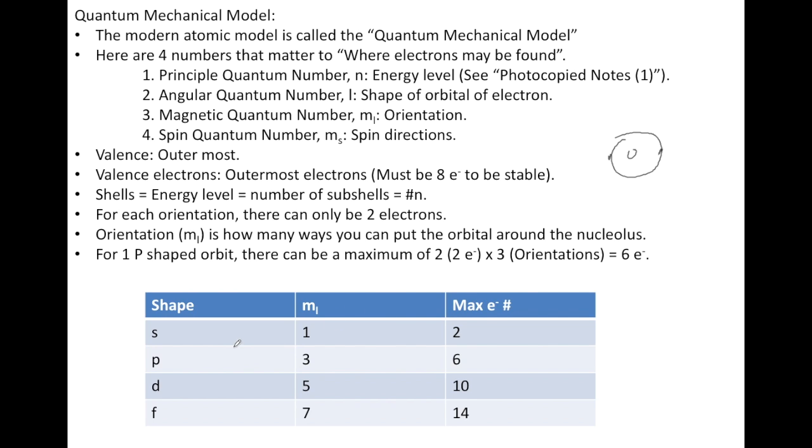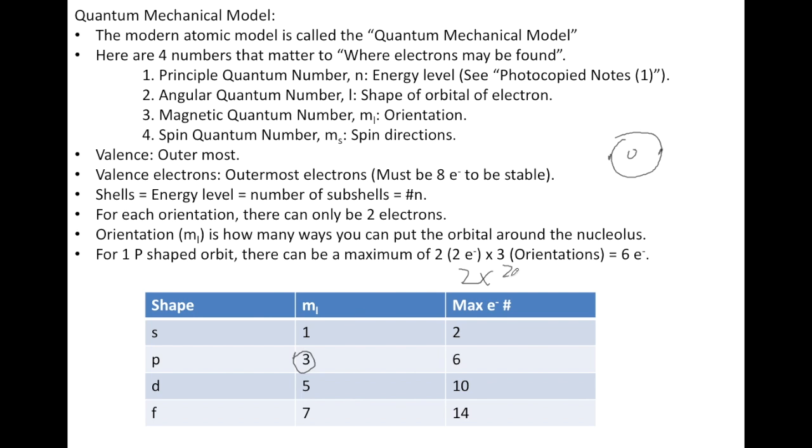However, when we go to p orbitals, there are 3 orientations, like I demonstrated before. So each orientation can hold 2 electrons. So 3 orientations, which is 3 ways to put this p orbital over an atom. So you can imagine putting 3 p orbitals. Each orbital can contain a maximum of 2 electrons.